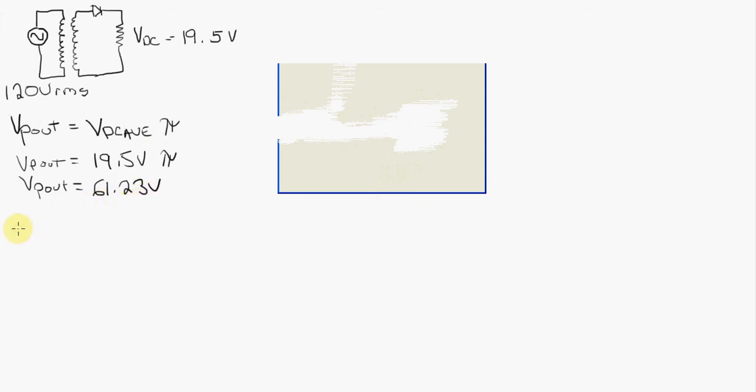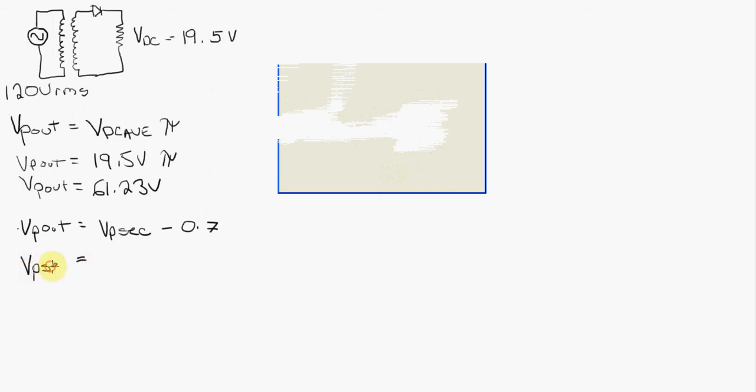You remember that the V peak out was equal to V peak secondary voltage minus 0.7. That's an awful looking 7, isn't it? I can do a better job of that. There. Seven. So again, we're looking for V peak secondary. We have V peak out, so it should be some straightforward manipulation.